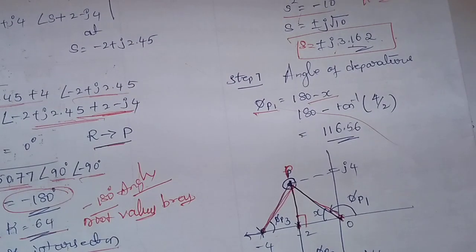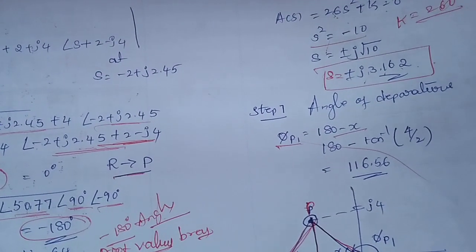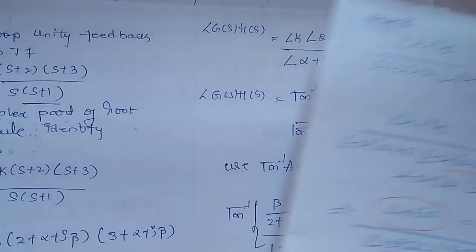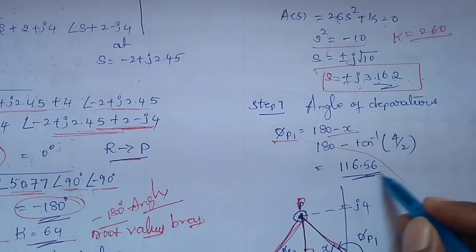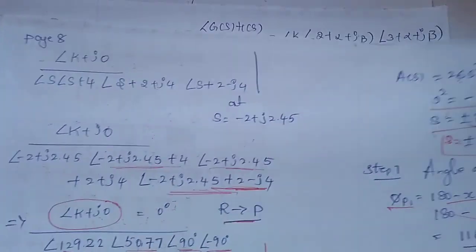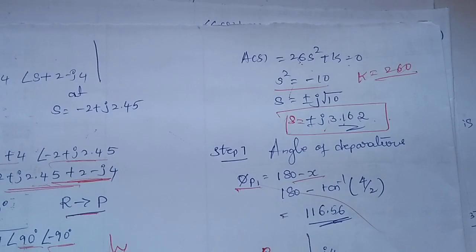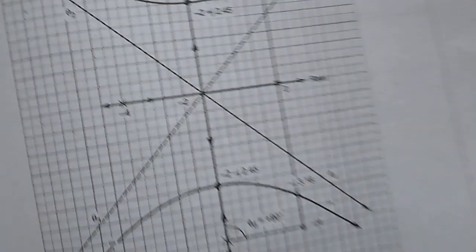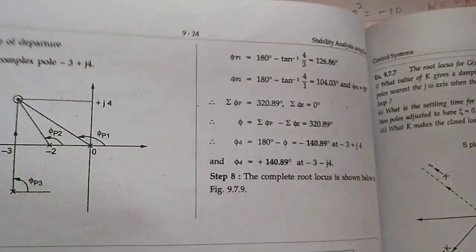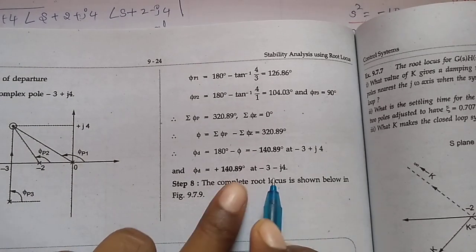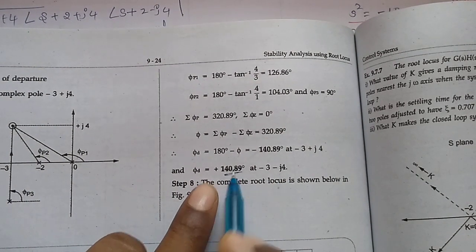So we get the angle of departure, some value. Clear? So we will get the angle of departure, that angle of departure is, we will get this value, that is 140 degree.